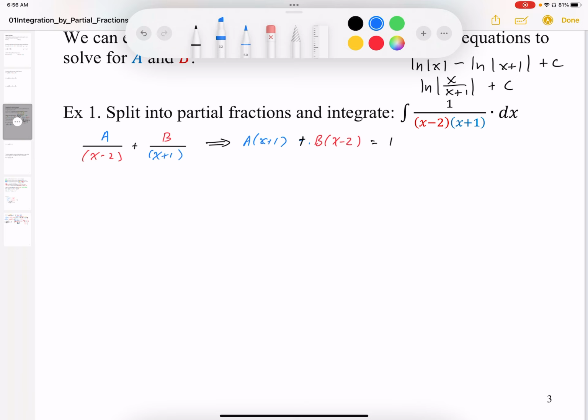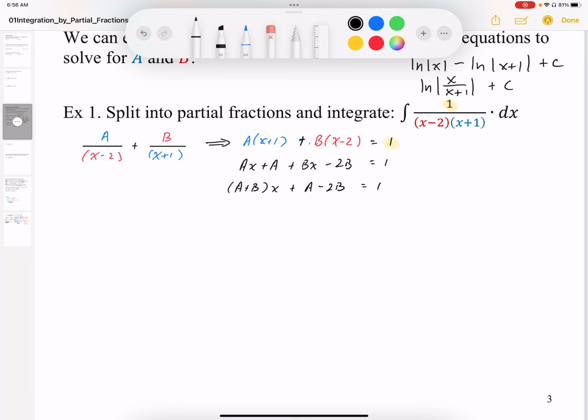So that comes from that numerator 1. So working out the coefficients, we're going to end up with ax plus a plus bx minus 2b equaling 1. So a plus b times x plus a minus 2b is equal to 1.